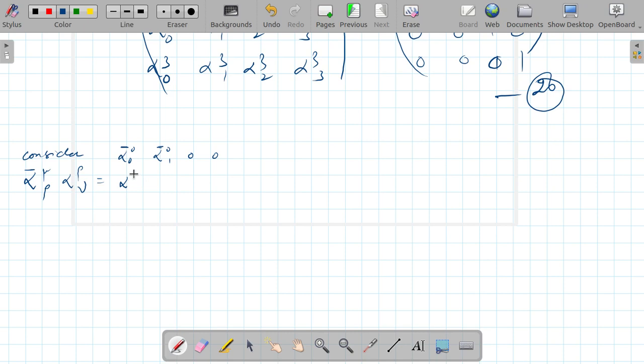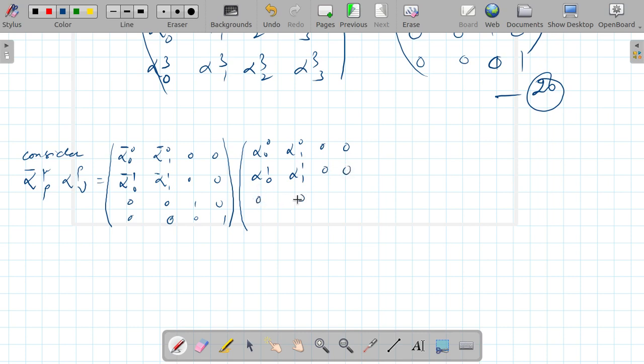Here it is alpha 1 0, alpha 1 1, it is 0, it is 0, 0 0 1 0, 0 0 0 1, and here it must be equal to alpha 0 0, alpha 0 1 0 0, alpha 1 0, alpha 1 1 0 0, 0 0 1 0, 0 0 0 1, and it must be equal to the delta function.